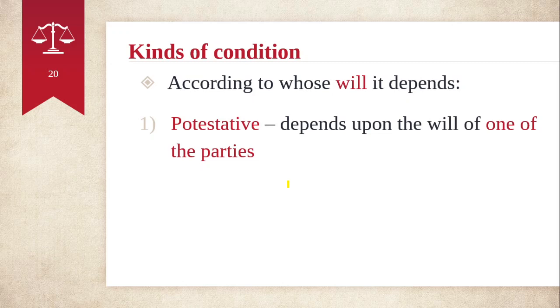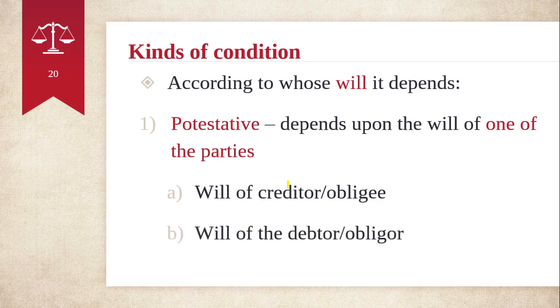Pag sinabi nating potestative, it means one of the parties ang magbuot sa condition. It could be the creditor or the obligee, or the debtor or the obligor. Again, when we talk about a condition that depends upon the will of one of the parties, we call this potestative.